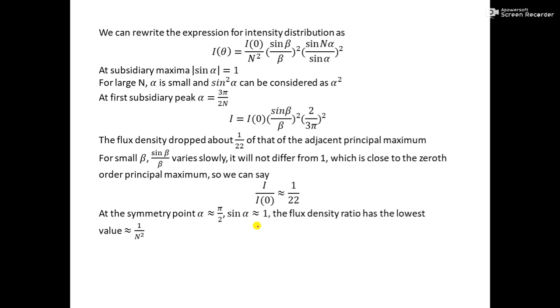At that symmetry point, midway between the principal maxima, α is equal to π/2, sin α is equal to 1, and the flux density ratio has the lowest value, approximately 1/n².